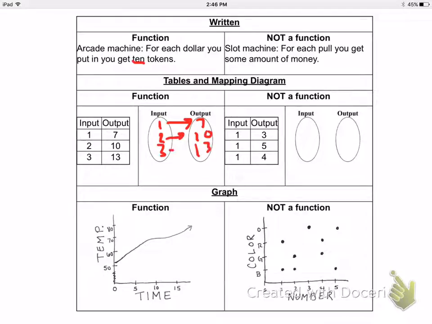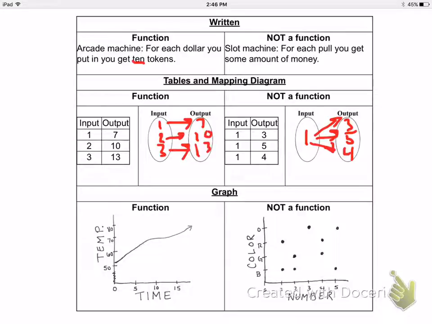This is a function because each input only has one output. If we look on the right, our input is always 1, but sometimes we get 3 out, sometimes we have an output of 5, sometimes we have an output of 4. This is not going to be a function because we have more than one arrow coming out of the 1. So not reliable, not a function.